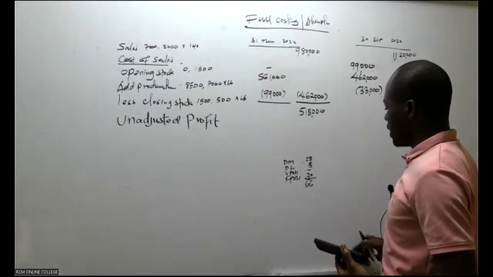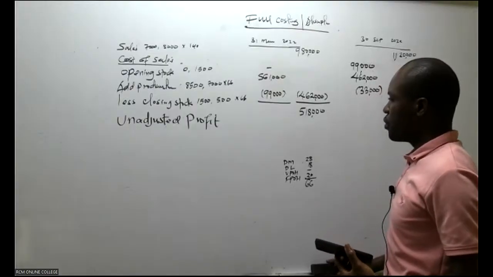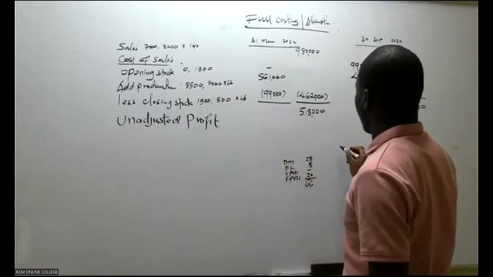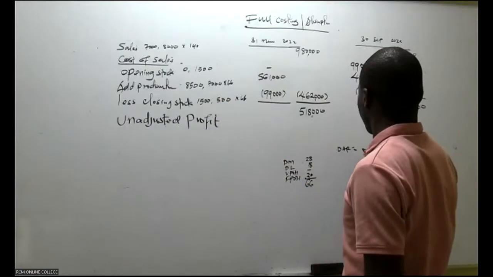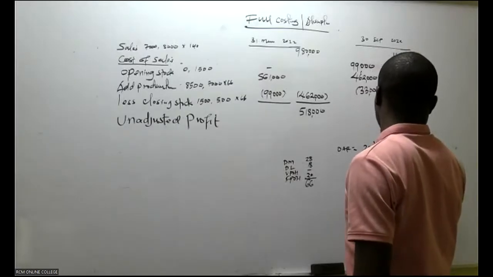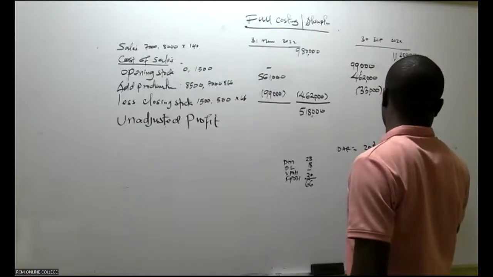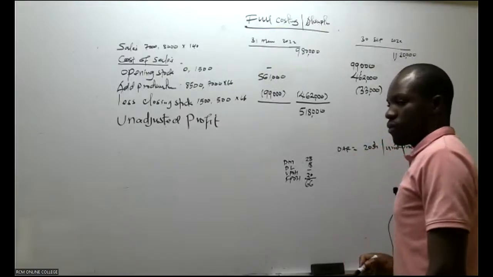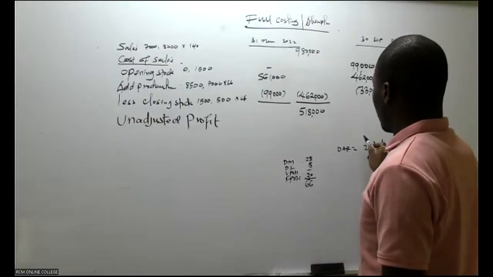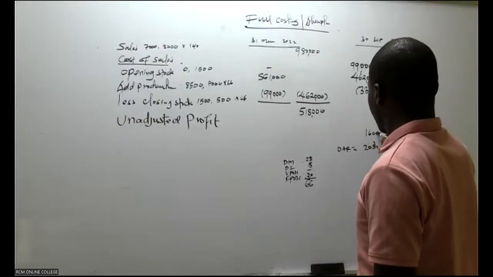592. So we need to adjust our profit. Look at what we have done here. Remember the overhead absorption rate which was given was 20 shillings per unit produced. Is it? Per unit produced. Here, but they have a target of 16,000 units.